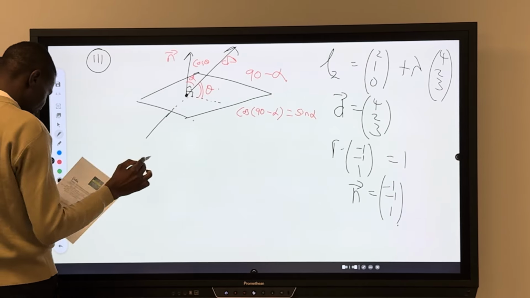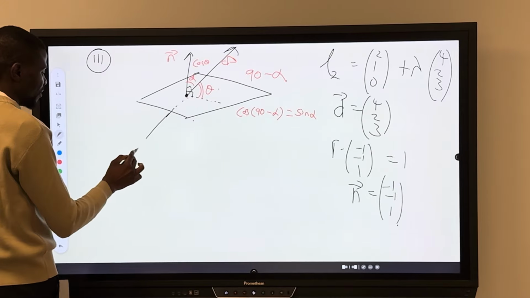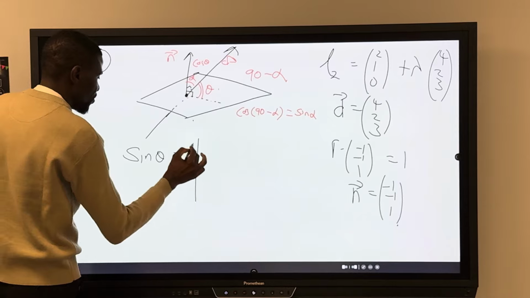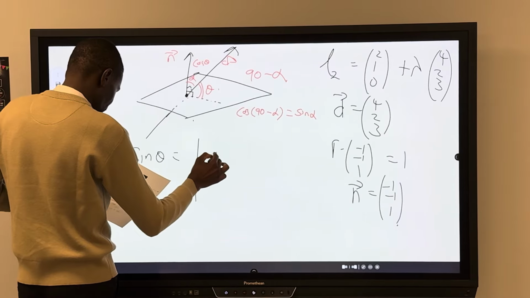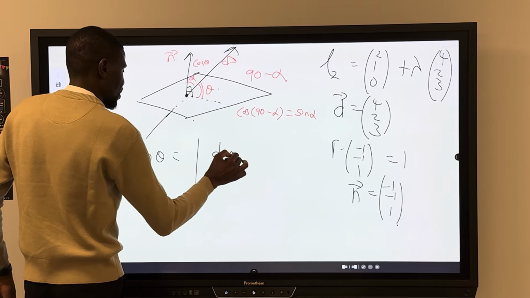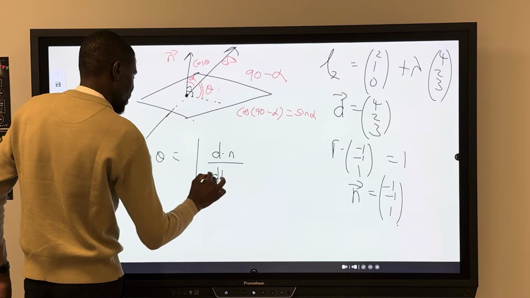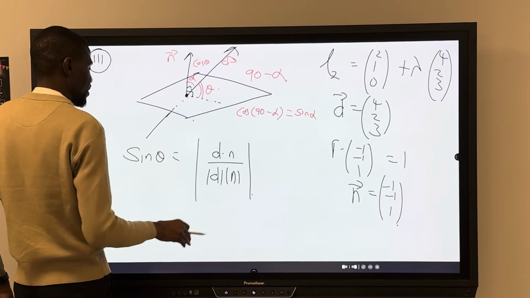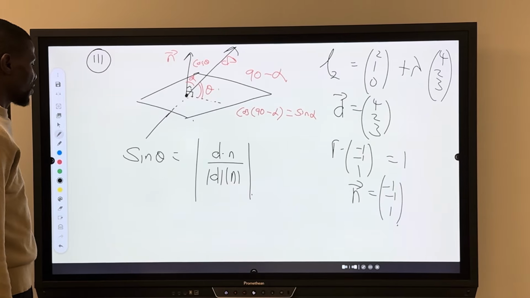Since we are looking for the acute angle, you're going to eliminate the negative. So sine theta is equal to the dot product over the modulus, and we just take the absolute, which is the positive, right?